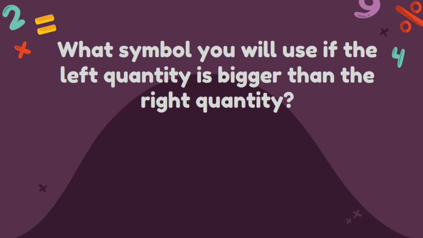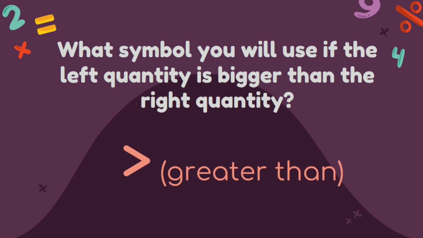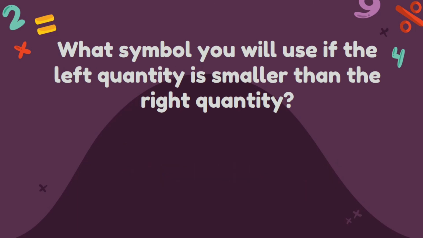What symbol will you use if the left quantity is bigger than the right quantity? The symbol that we are going to use if the left quantity is bigger than the right quantity is greater than. What symbol will you use if the left quantity is smaller than the right quantity?